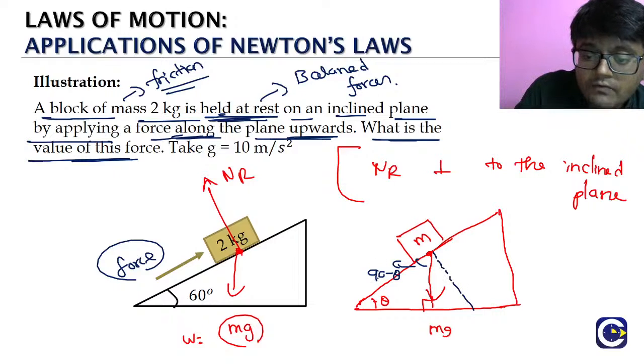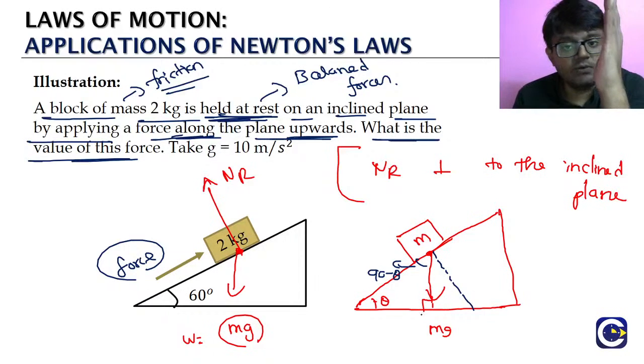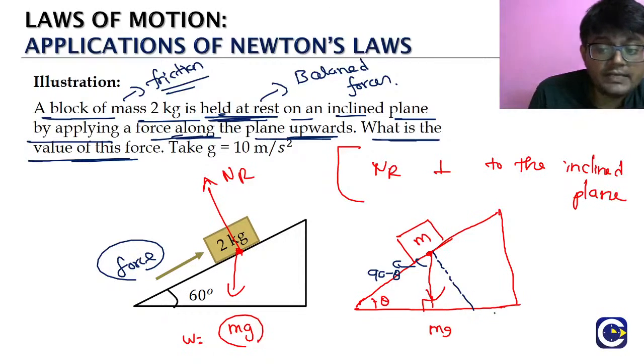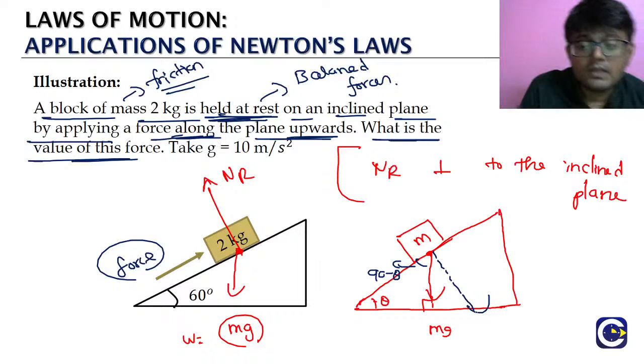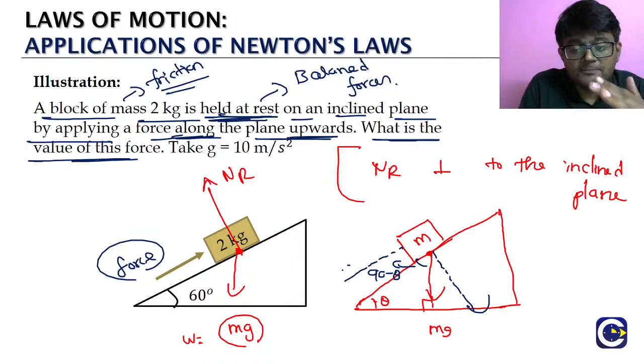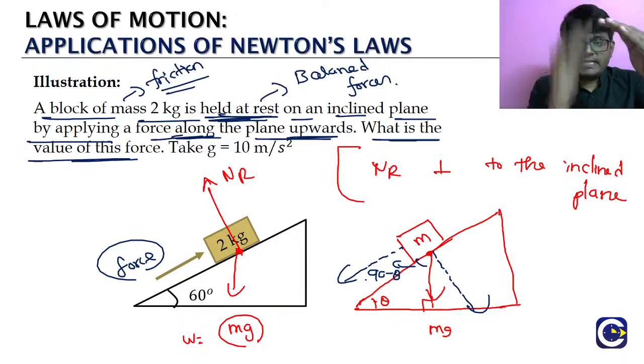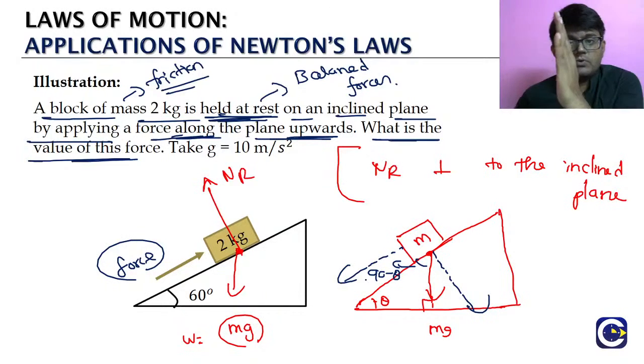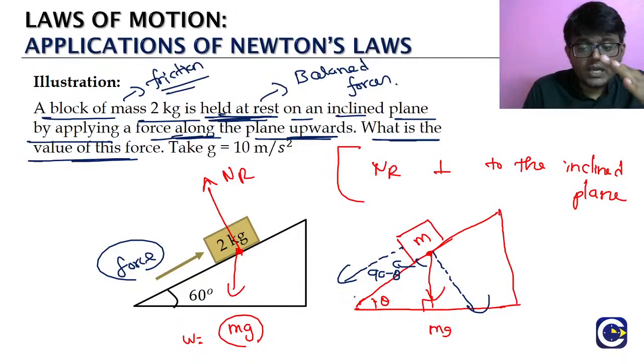Look, we have to take the components of the weight. How is the weight? Vertically downwards. We have to take the components of the weight along the plane and perpendicular to it. If you take components, you will get a component along the plane downwards.